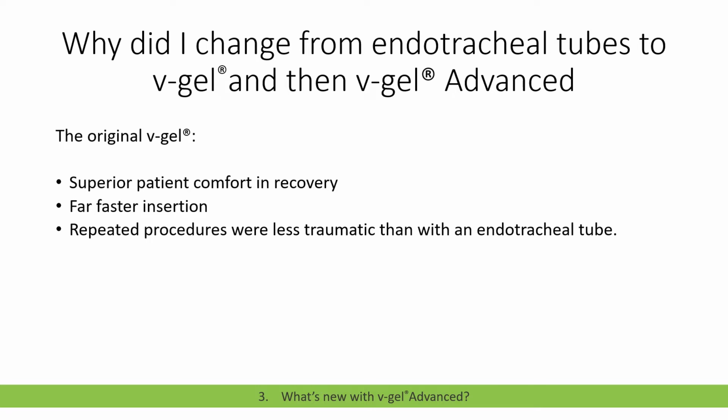I never found it particularly time consuming to place an endotracheal tube, but it certainly takes much longer than placing a VGel. And if you're looking at repeated procedures in the same patient in a short period of time, the VGels were much less traumatic than you found with an endotracheal tube. And certainly those of us who did things like radiotherapy, where you're wanting to re-anaesthetise that patient over and over again in a short period, found that the VGel devices were very useful.